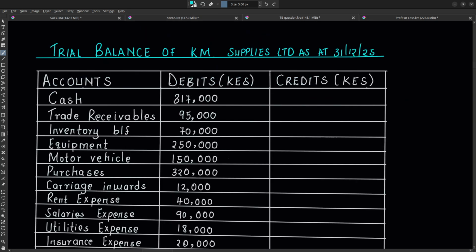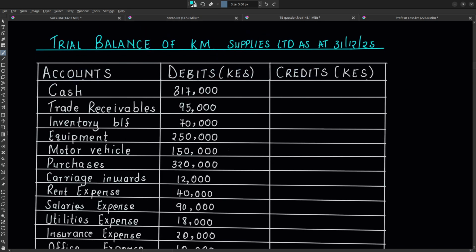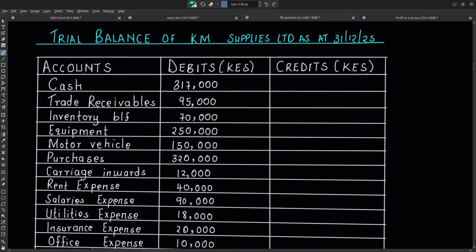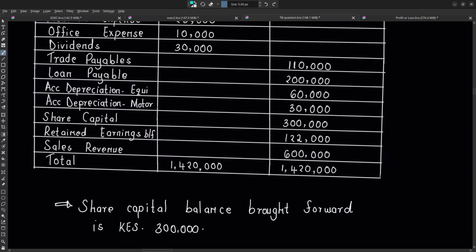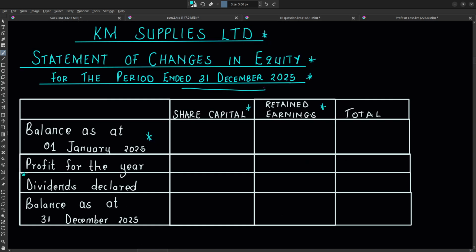We have been given the trial balance as at 31st December 2024, and we have also been told the share capital balance brought forward from the previous period is 300,000. So that is our balance at the beginning of the period.